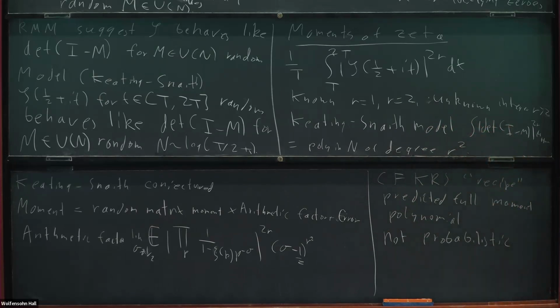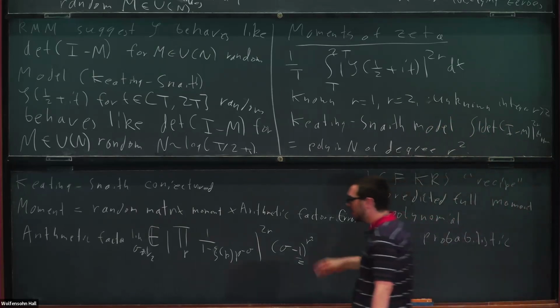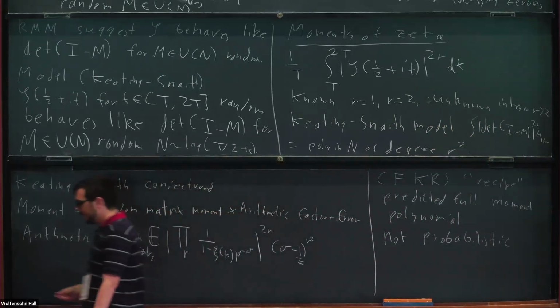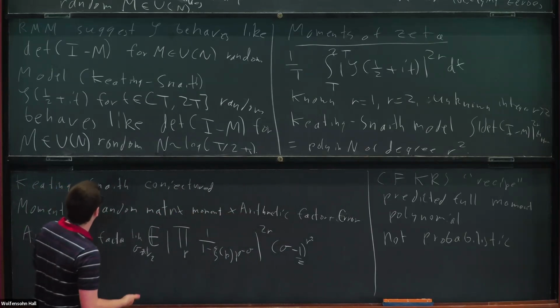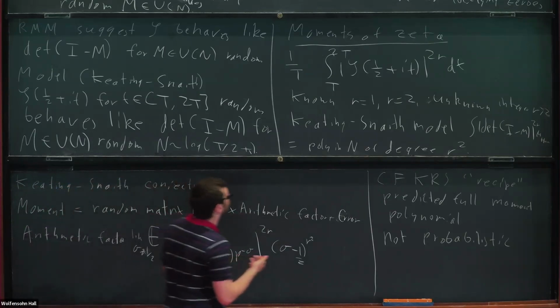You were pointing out the random matrix version of the recipe that matches up with this. Yes. The recipe derives from, or was discovered at the same time as, a specific method to calculate these moments for random matrices, which I wrote somewhere over here.